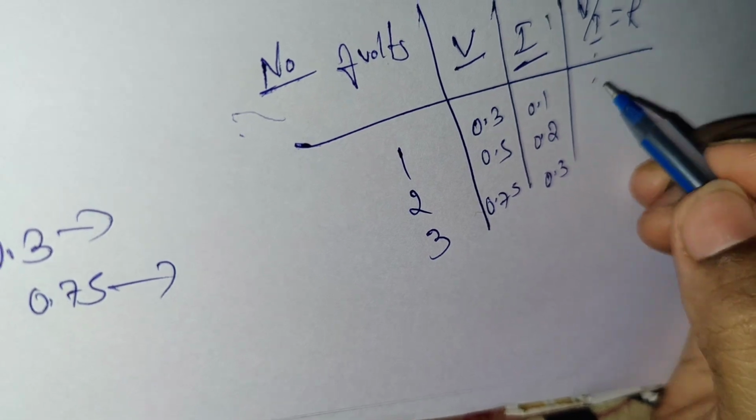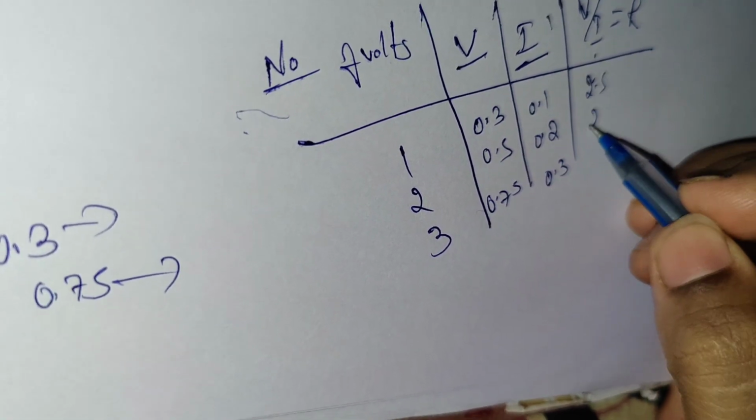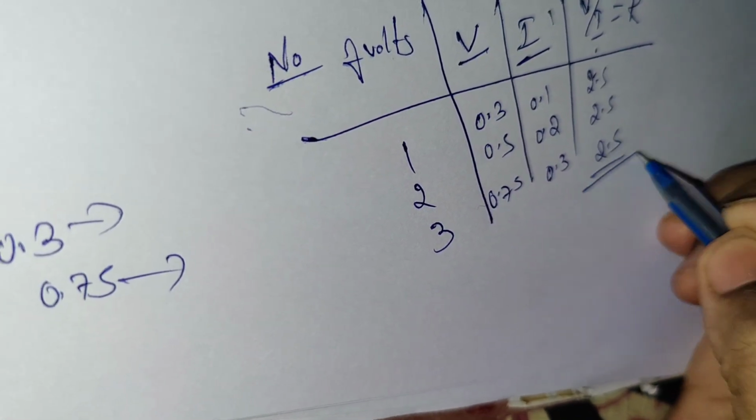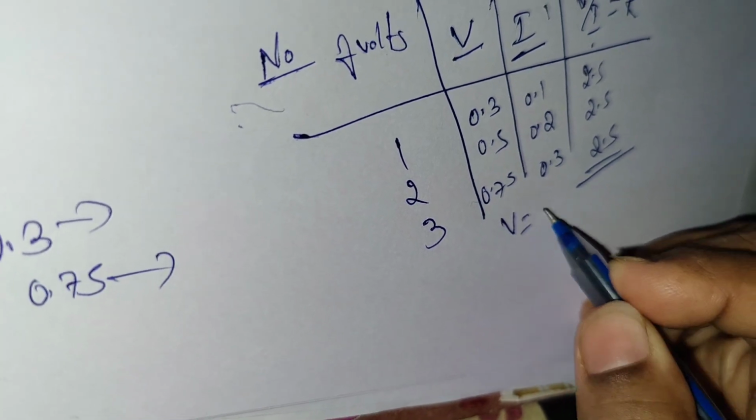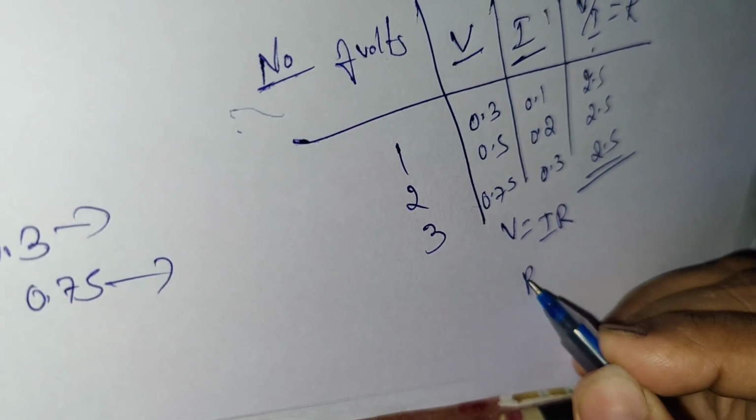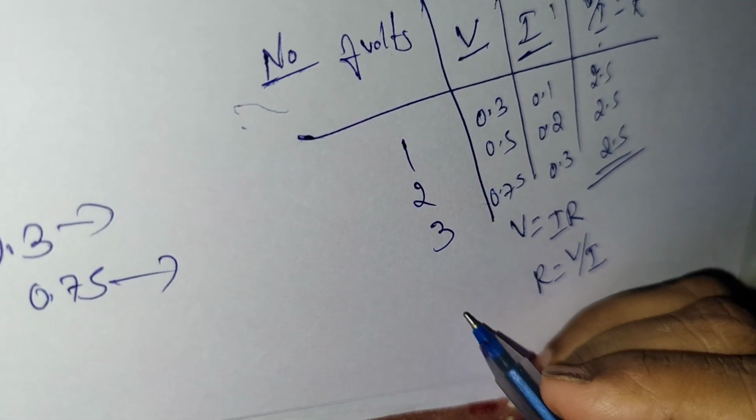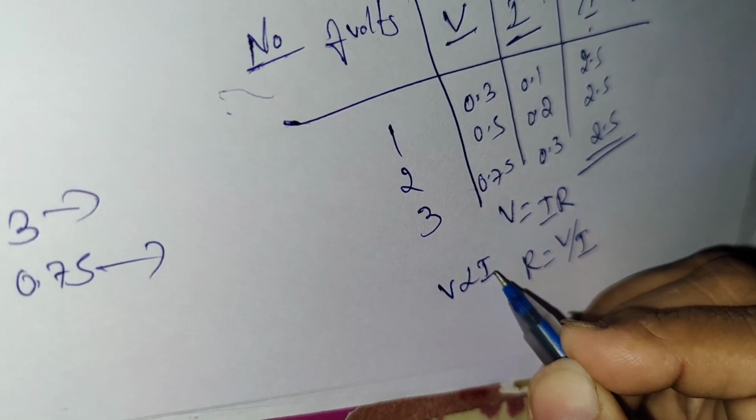That V by I you can calculate, you will get almost the same value. Resistance will be constant. V is equal to IR. R is equal to V by I. This is the value. V is directly proportional to I.